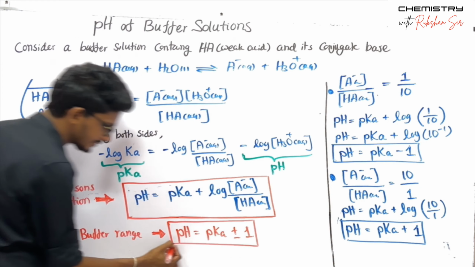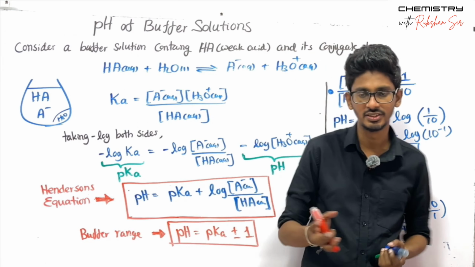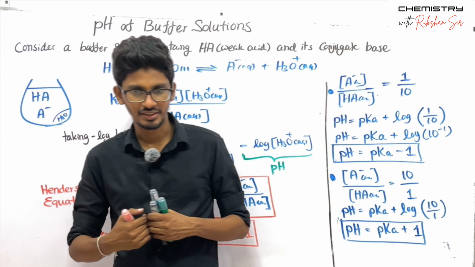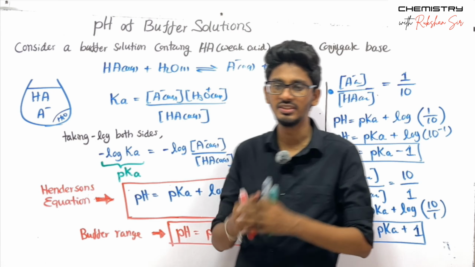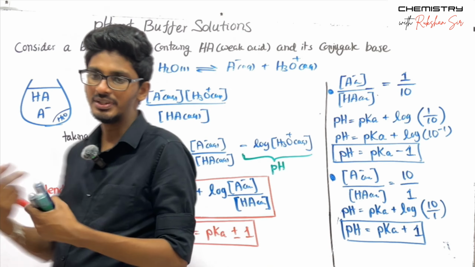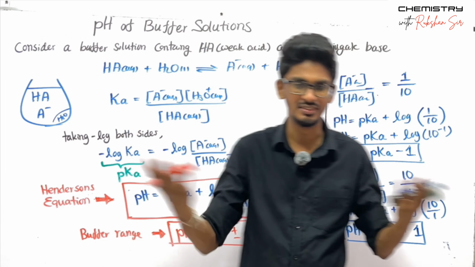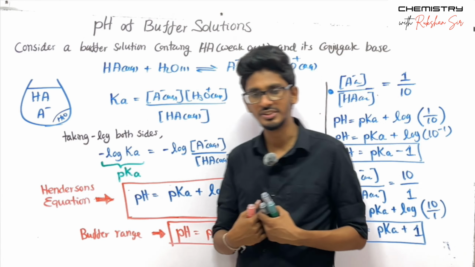So it's like this now. Let's say you have a buffer solution with a weak acid and a conjugate base, and its pKa is 5. Let's say its Ka value is 10 to the power minus 5 and the pKa is 5 for this HA.